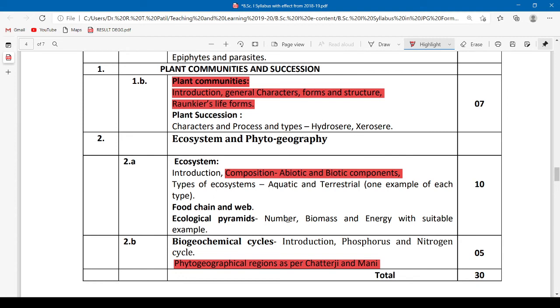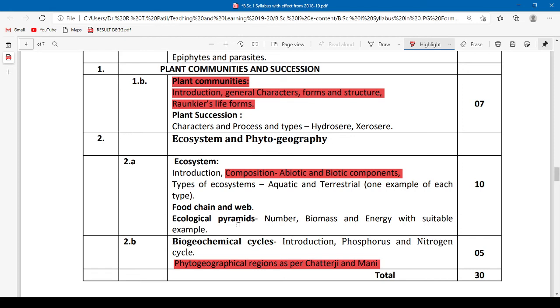It is in the form of number, biomass, or energy. These are the types of ecological pyramids: pyramid of number, pyramid of biomass, pyramid of energy. You have to study these three types with suitable examples.